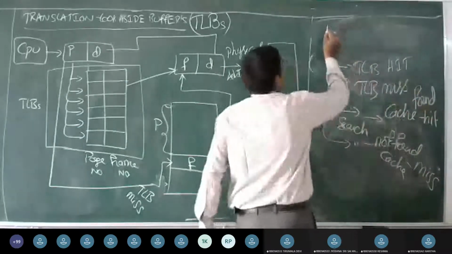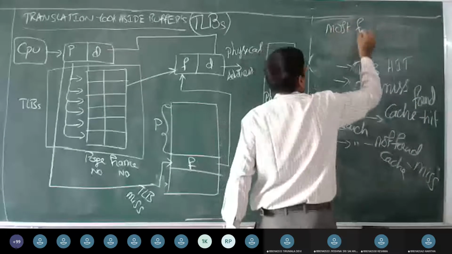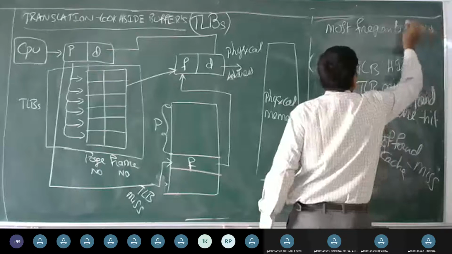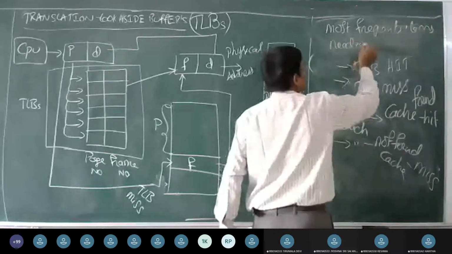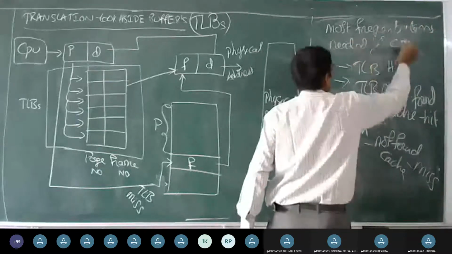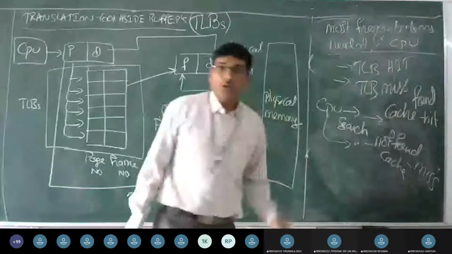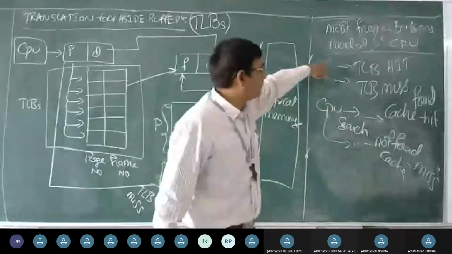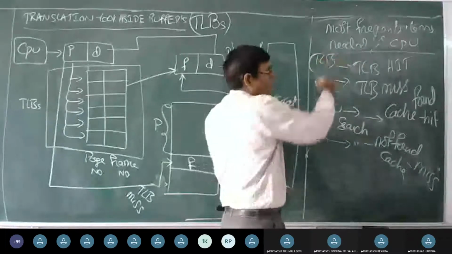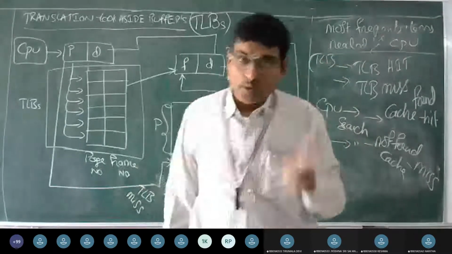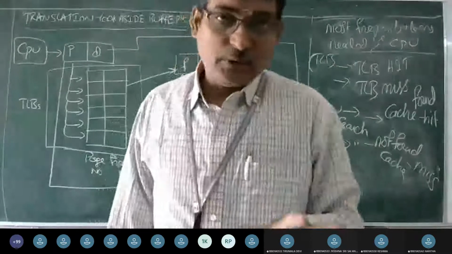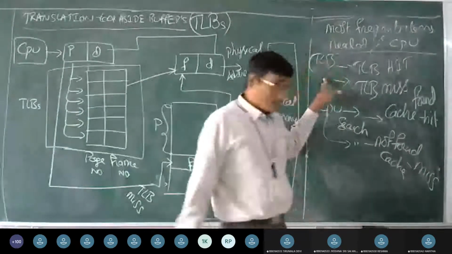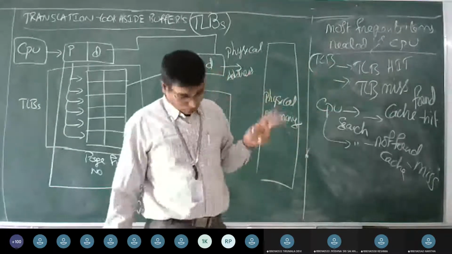The most frequent items needed by the CPU are stored as pages and occupy the translation look aside buffers.